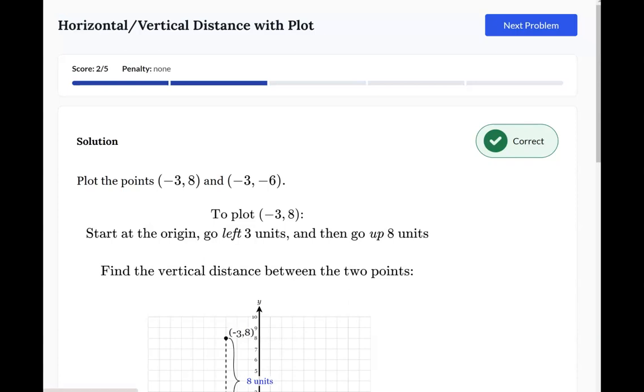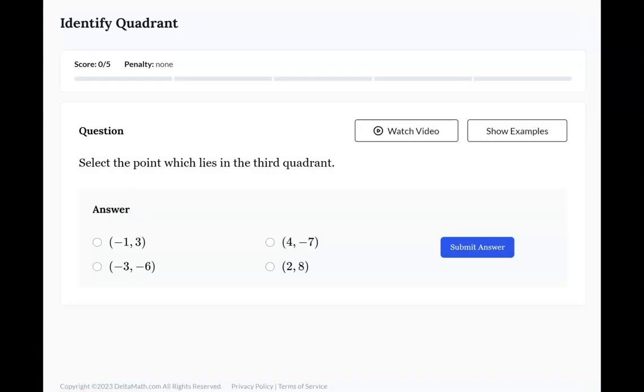All right. This next lesson asks you to identify the quadrant in which the coordinate points are located, and it might help you to review where the quadrants are. The quadrants start in the upper right, and they move around in this direction. So quadrant 1, then quadrant 2, then quadrant 3, and then quadrant 4.